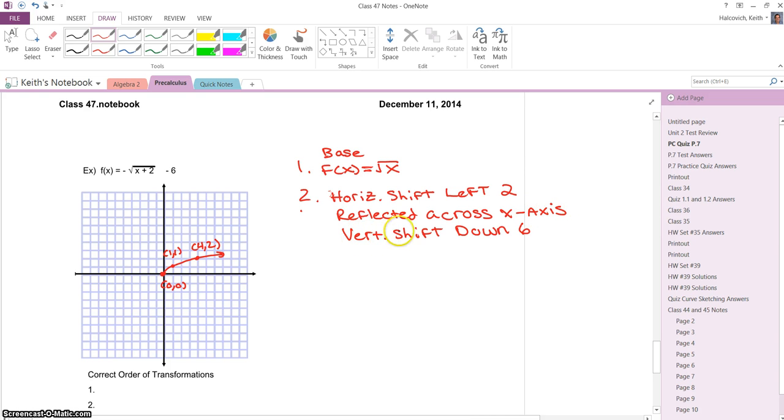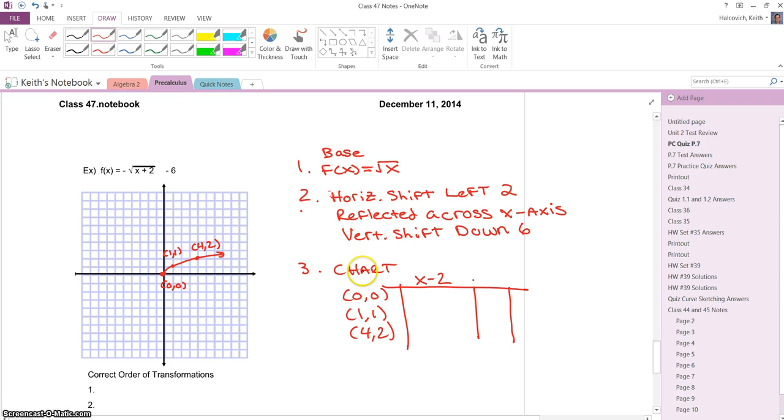So when we make our chart, we're going to have our points 0, 0, 1, 1, and 4, 2. And then we're going to take x minus 2. Then we're going to take negative 1 times the y.